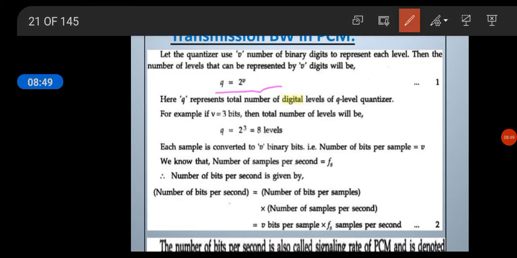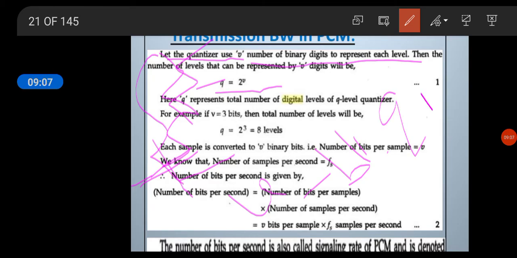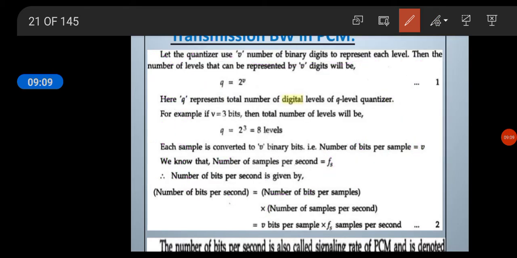Let the quantizer output be like this. We use V bits for each level; V bits we are assigning. The number of levels, based on the step size, Q level is decided.